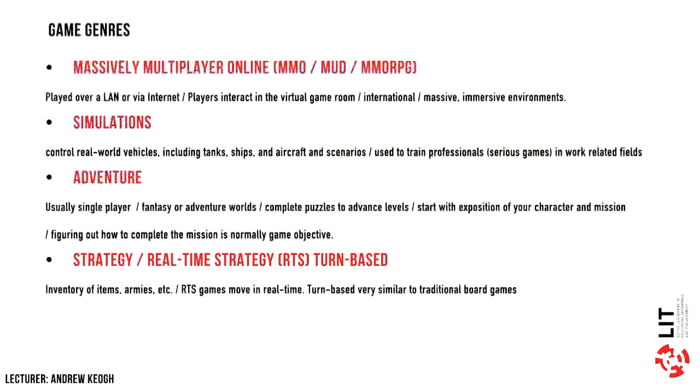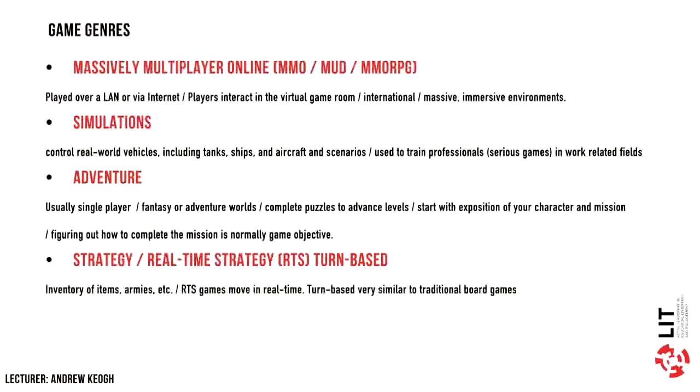So, massively multiplayer online games: MMO, MUD, MMORPG, massively multiplayer online role-playing games. These are the newest iteration, or the most successful of late, types of games, where they're online, played over the internet, across different countries, all live.